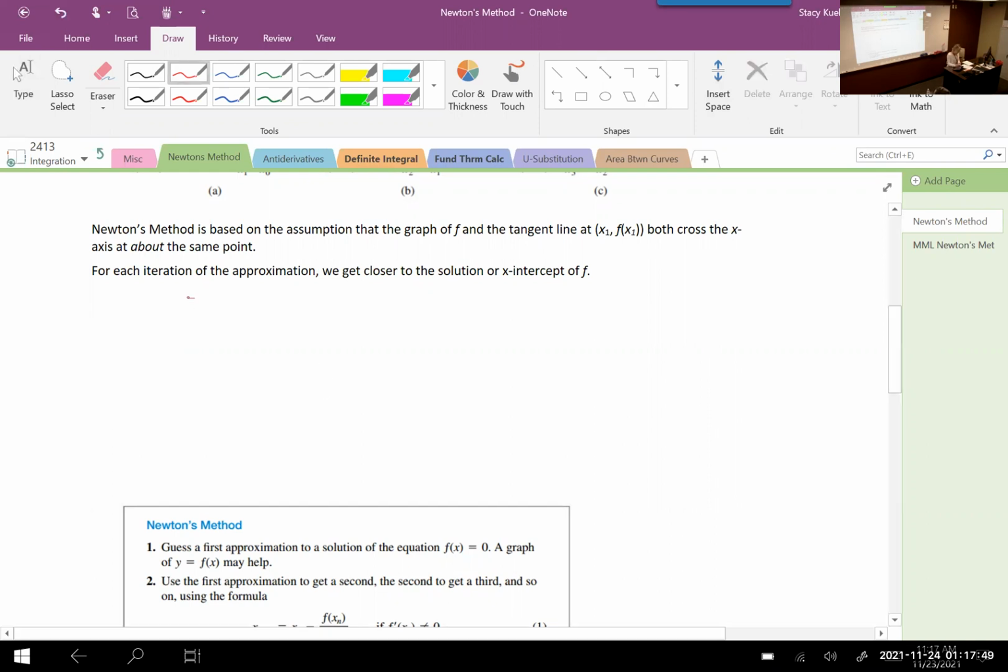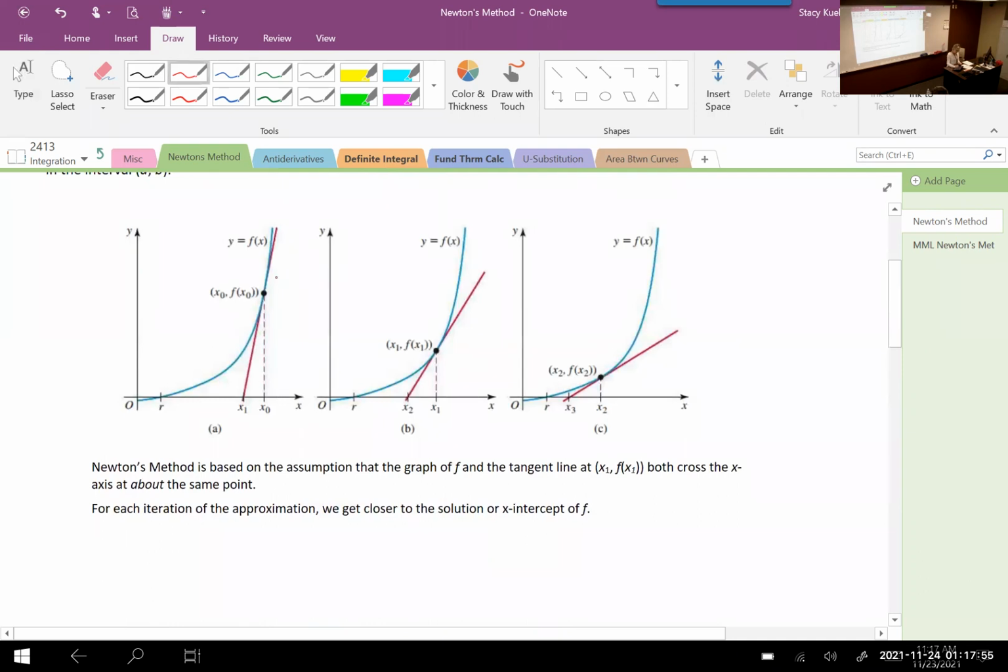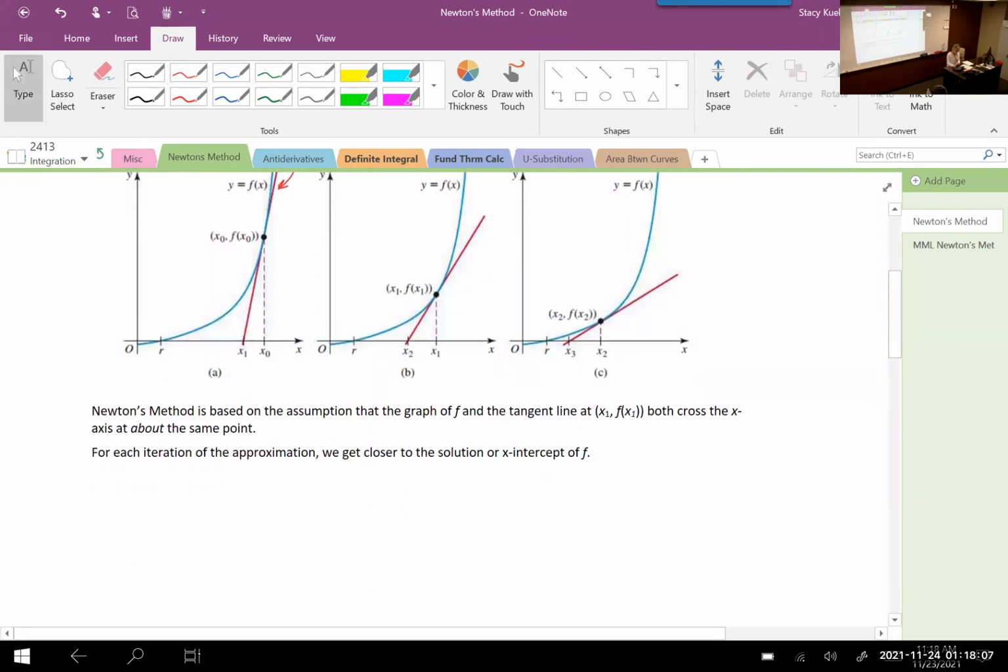We want to know the equation of this line here at our initial guess. So we have our initial point, and we have the slope of that line, which we come up with using the derivative, and it's passing through a particular point.